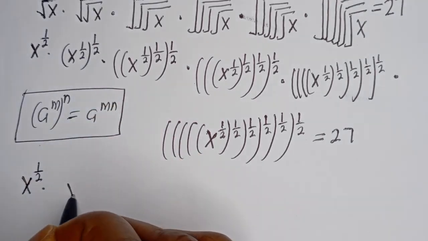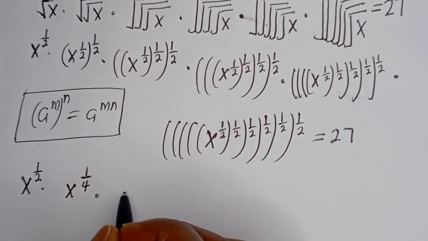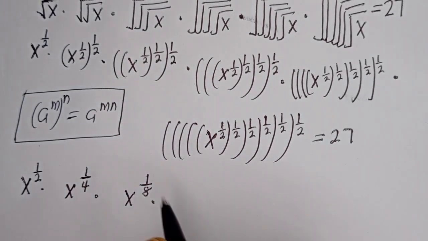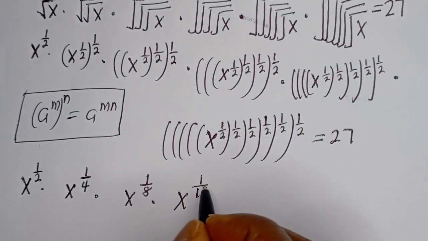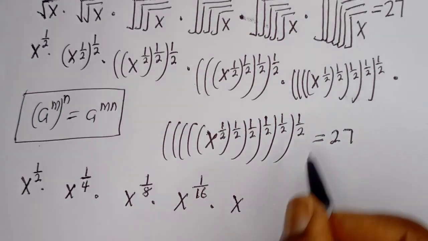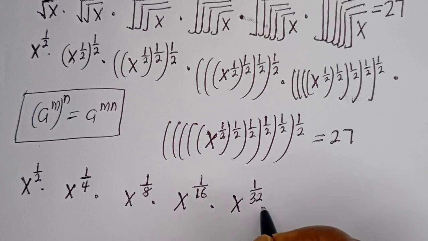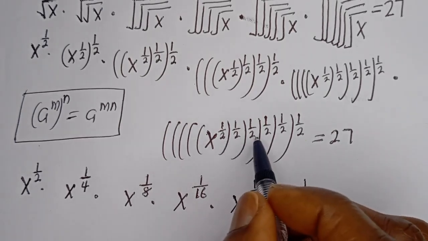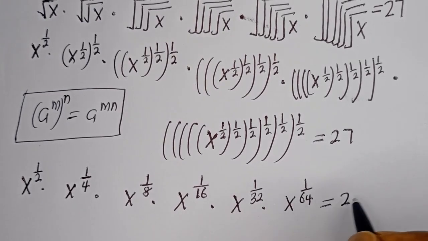So this can be written as s to the power of 1 over 2, times 2 that is 4, multiplied by s to the power of 1 over 2 times 2, 4 times 2, that is 8, multiplied by s to the power of 16, multiplied by s to the power of 32, multiplied by s to the power of 64, is equal to 27.